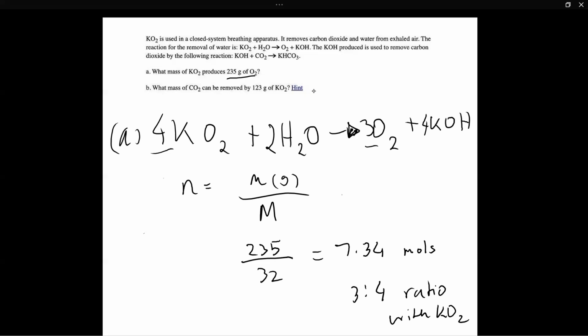If you have this type of question, suppose I need to find out how many moles of KO2 are used. Just take 7.34, which is the moles of oxygen produced, and multiply it by 4/3. Now, why have I done that? I'll show you why.